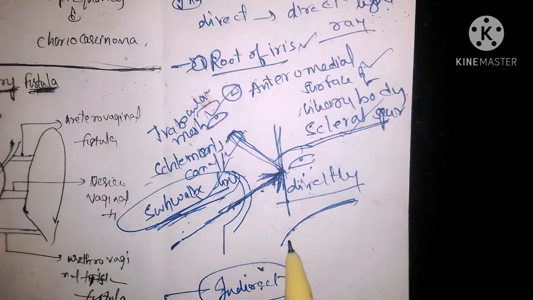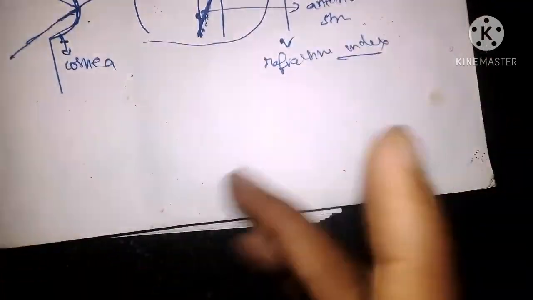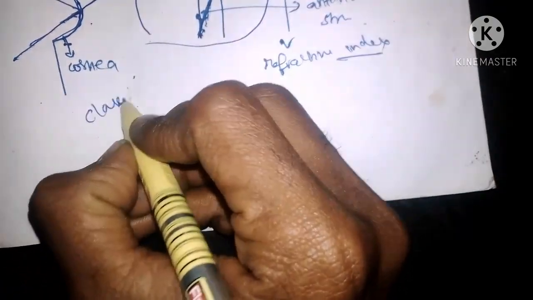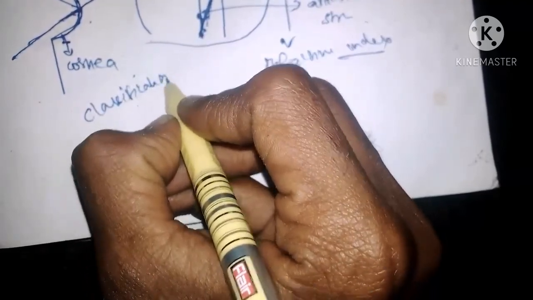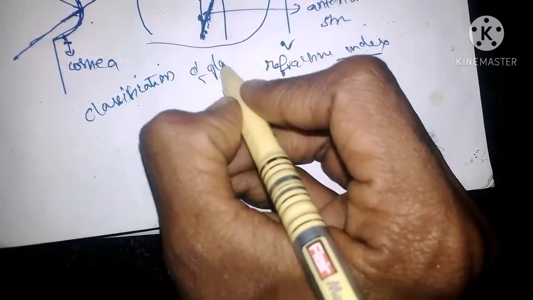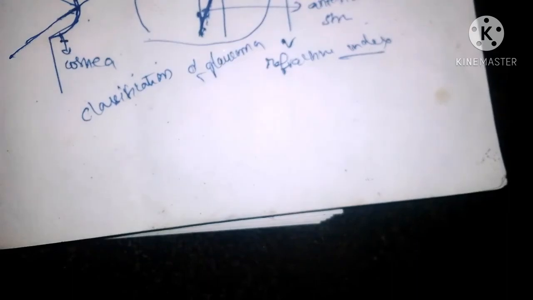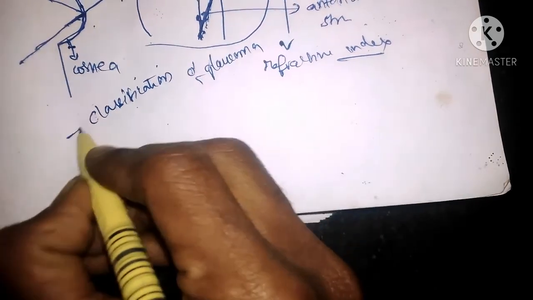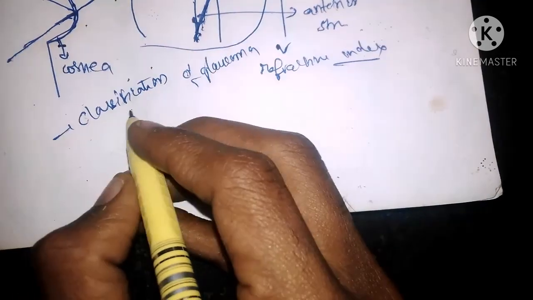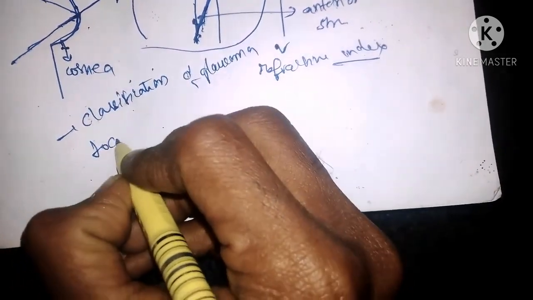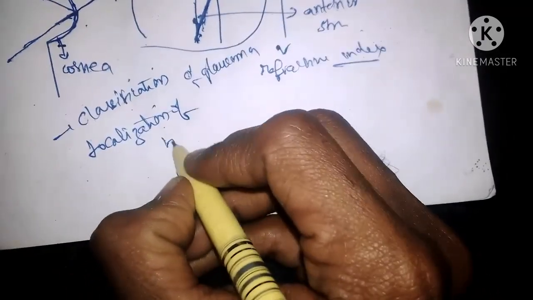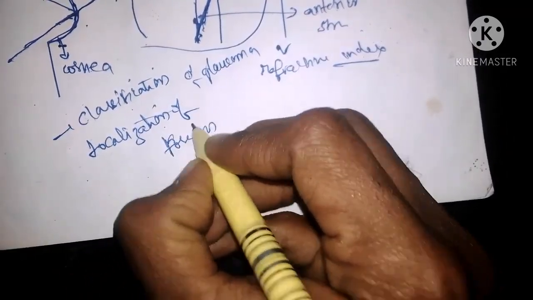Clear? Where do we use this gonioscopy? This gonioscopy can be useful in classification of glaucoma. Based on the appearance in gonioscopy, we can classify glaucoma. Then localization of foreign body in the anterior chamber.